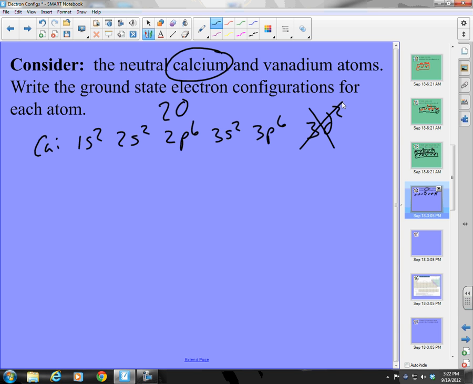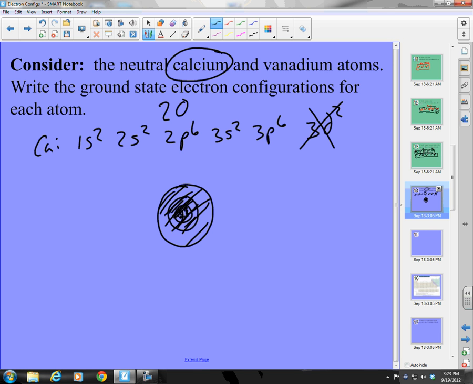Let's say this is my nucleus, and it's got 20 pluses in here. Now, let's start layering our electrons. That's my 1s shell, and there are 2 electrons there. And then my 2s, and there are electrons there.